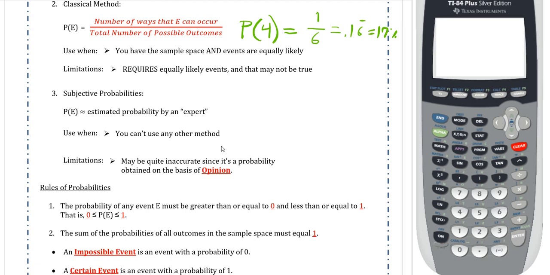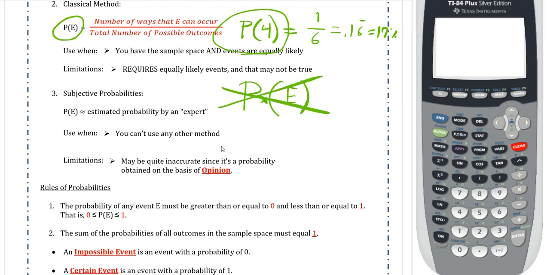Note the notation that I am using here, though. Note that I write P parentheses 4, and you even see that here, P parentheses E. This does not mean what it would in algebra, because in algebra you would see P and E like this, and algebra would think, okay, well that means you're multiplying P times E. That is not what this means. P parentheses is actually a function.